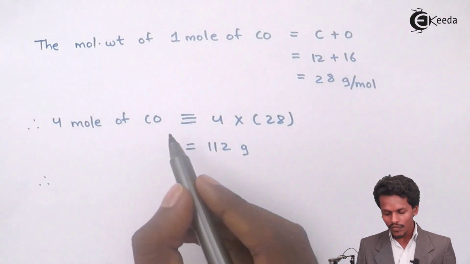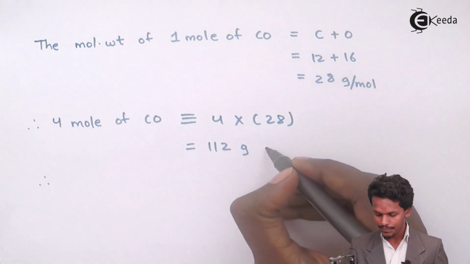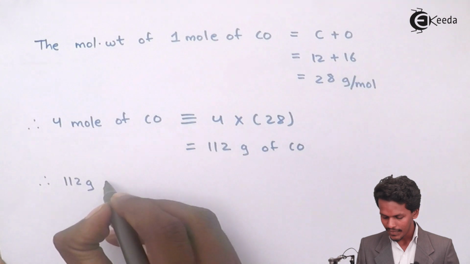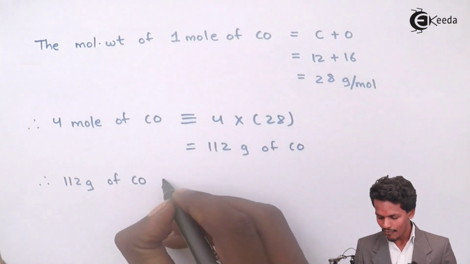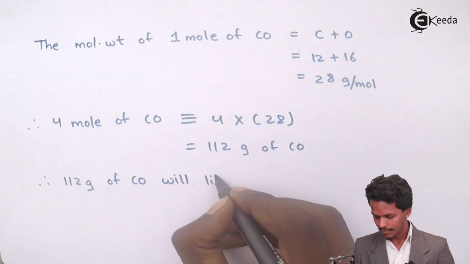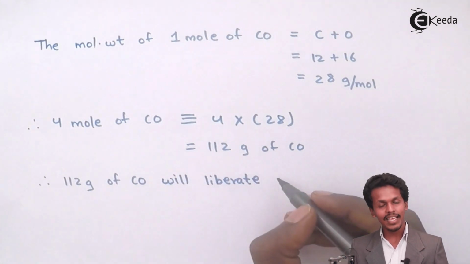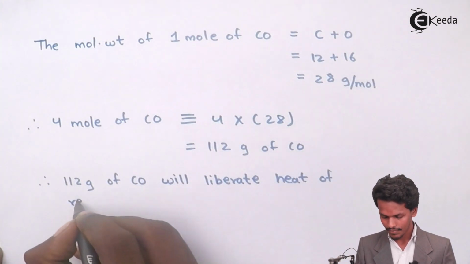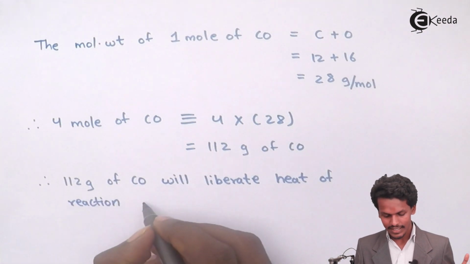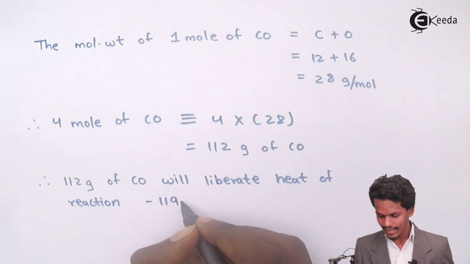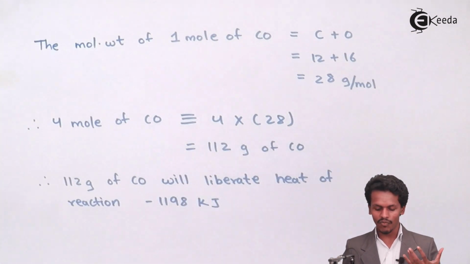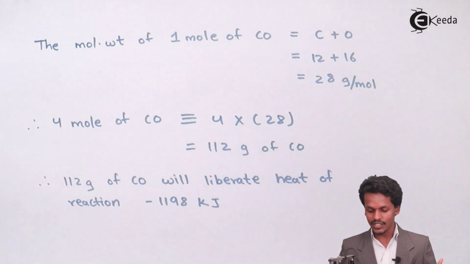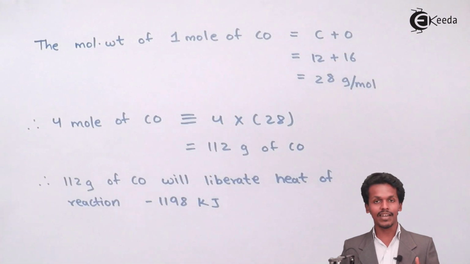Therefore, since 4 mole of carbon monoxide is equal to 112 gram, 112 gram of carbon monoxide will liberate the heat of reaction, that is minus 1198 kilojoule of energy.